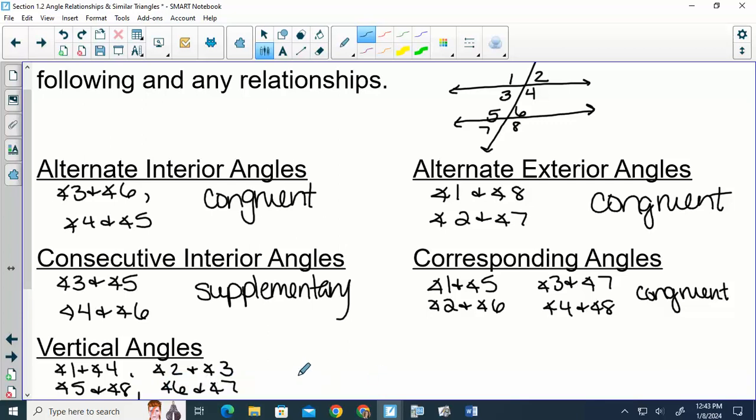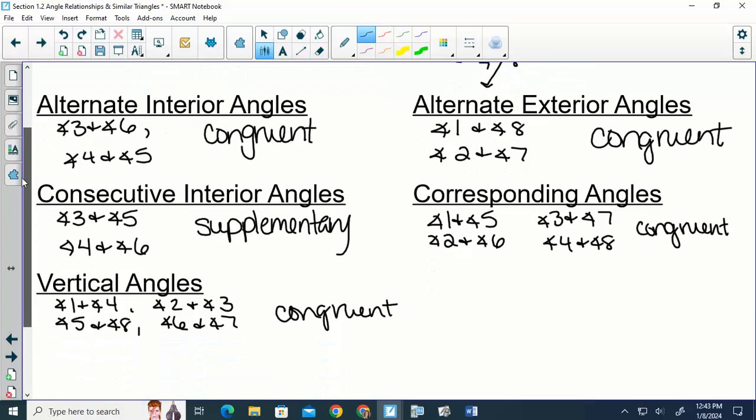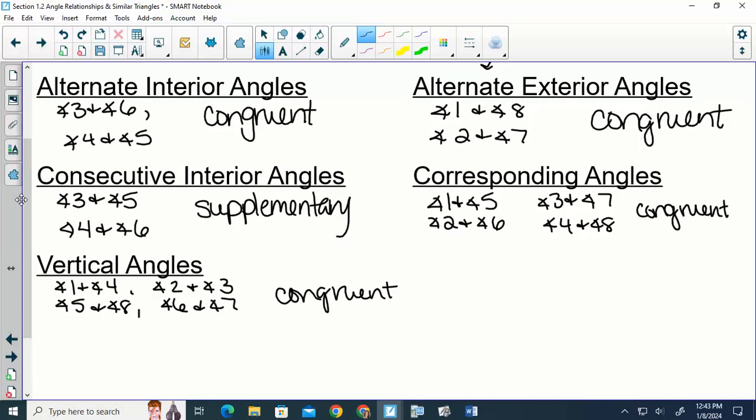And what's true about their measures? So in all of these special angle measures, when you have those parallel lines, these angles turn out to be congruent, except consecutive interior, those are supplementary.